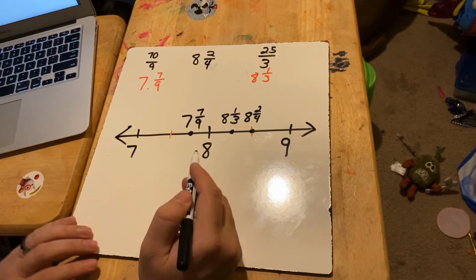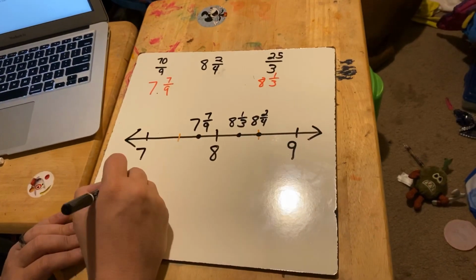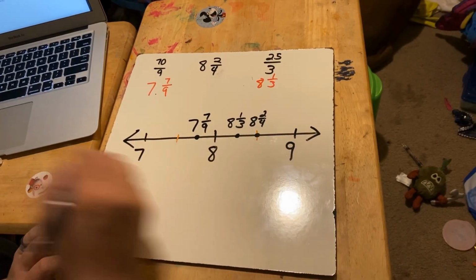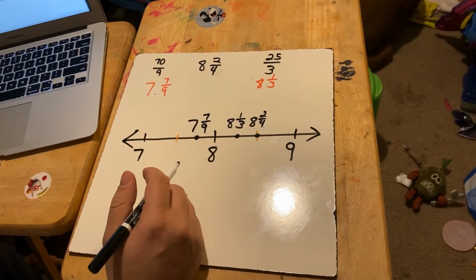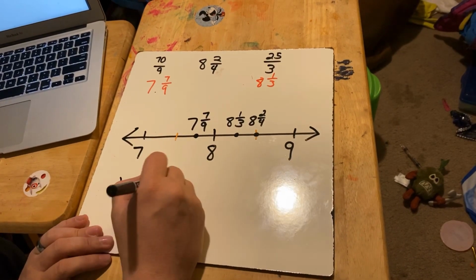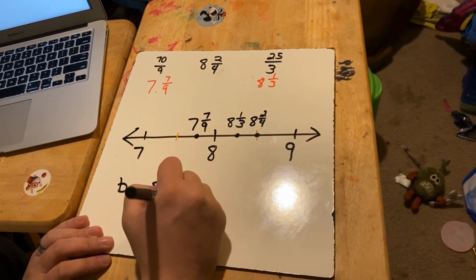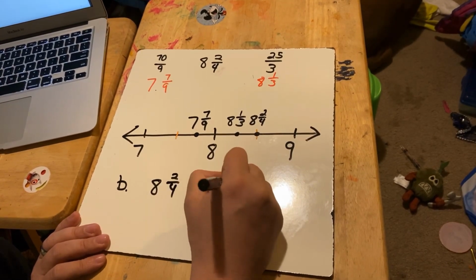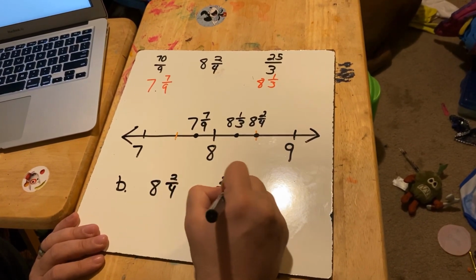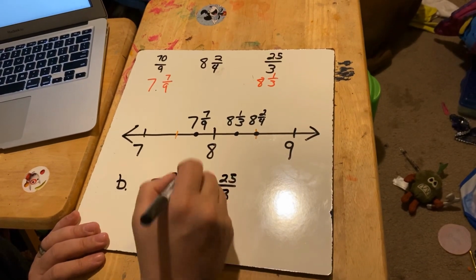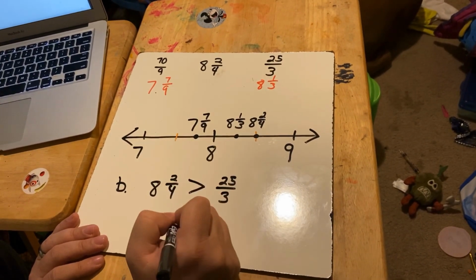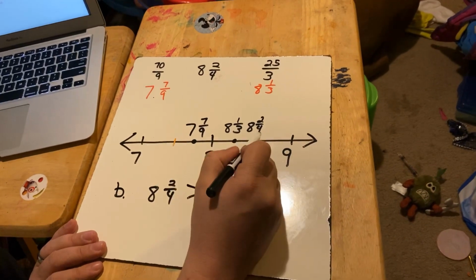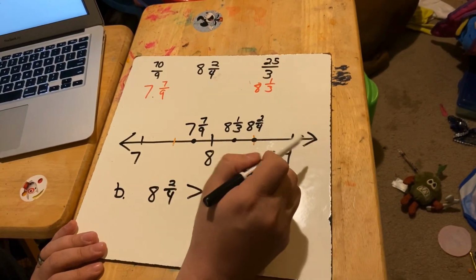Well, now when I look at part B, it just says, compare the following, writing greater than, less than, or equal to. I've got 8 and 2/4, which we've already said is our largest fraction, and 25/3. Well, if that's my largest fraction, we know that has to be greater than, because that was the furthest one on my number line to the right.